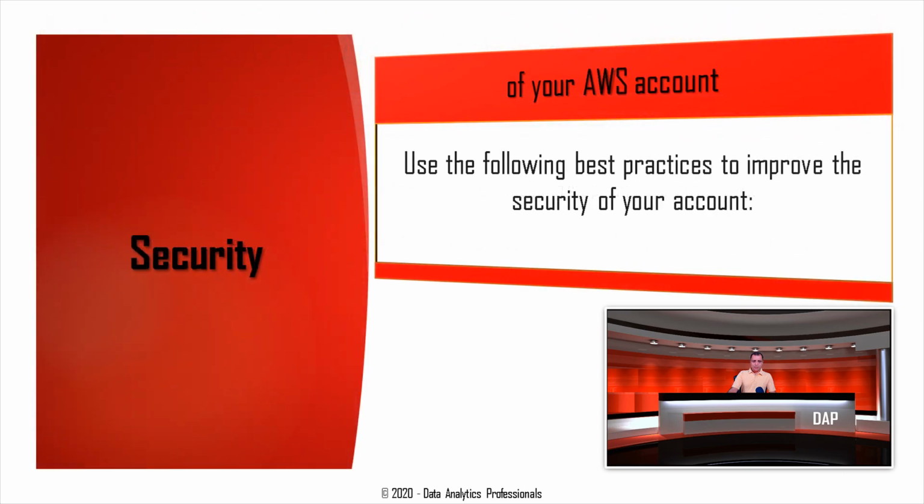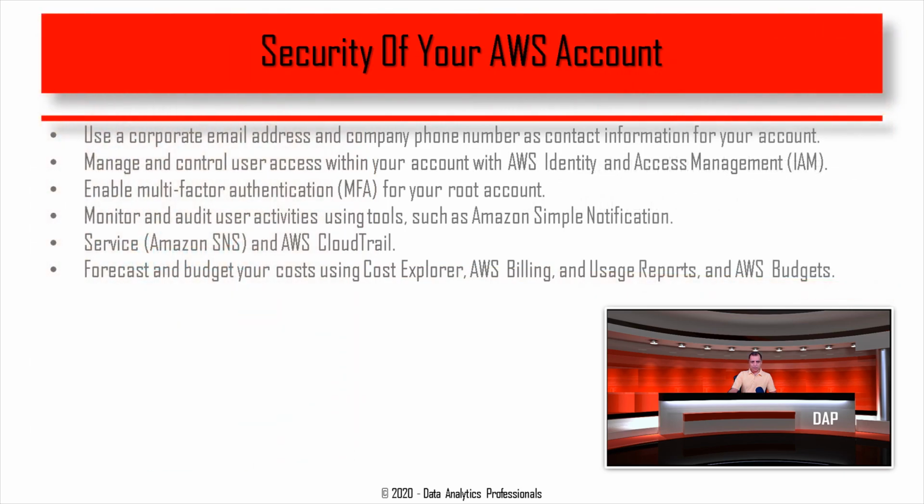Now is the time for security of your AWS account. There are some best practices to improve the security of your account, and I'm giving you some of them here, highlighted. Use a corporate email address and a company phone number as contact information for your account. I have already suggested this before.